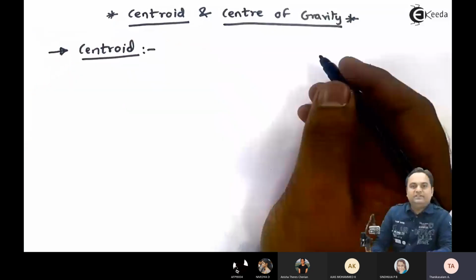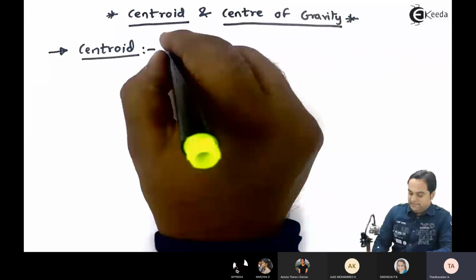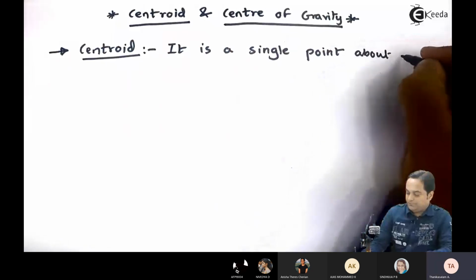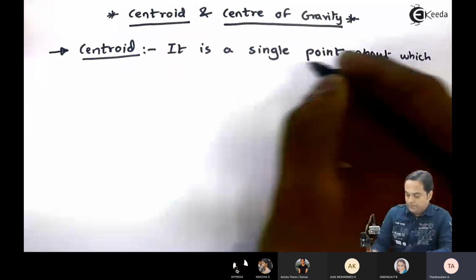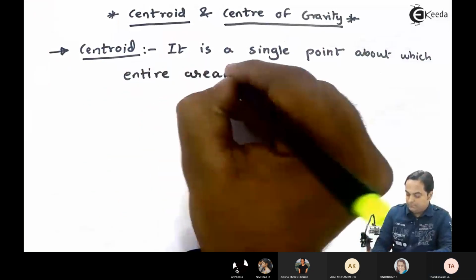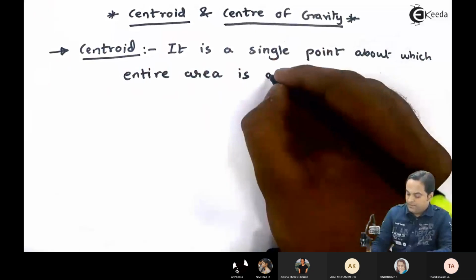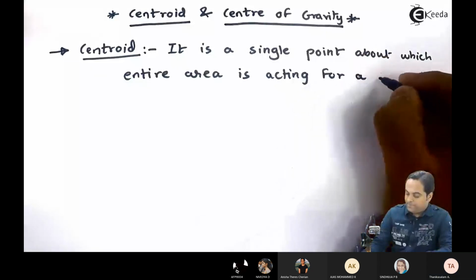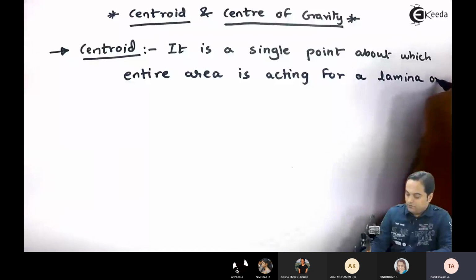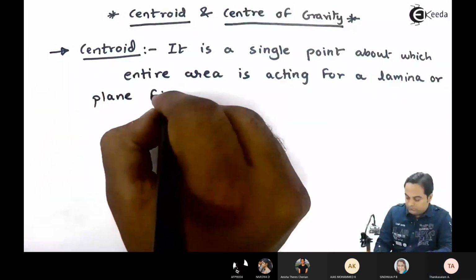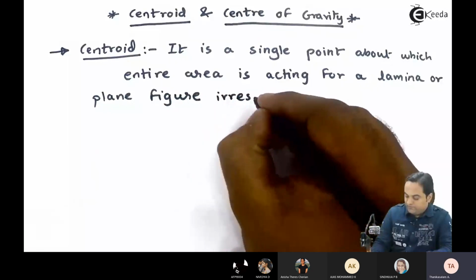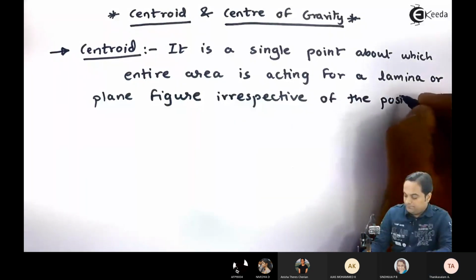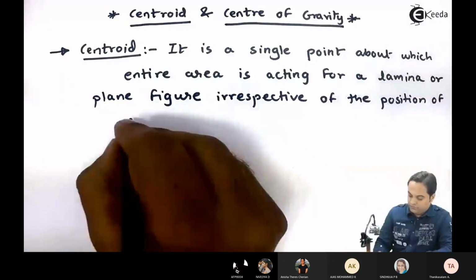Here I will be writing the definition of Centroid. Centroid, it is a single point about which entire area is acting for a lamina or plane figure irrespective of the position of the plane.